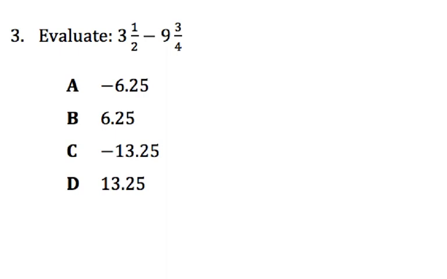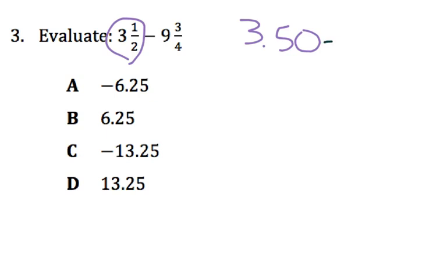I'm going to rewrite these in decimal form. And I'm going to go back to a number talk we did a couple of months ago, and I'm just going to think about money. So if I have $3.50, that's the same as $3.50. So that 3 1/2 is the same as 3 and 50 hundredths.